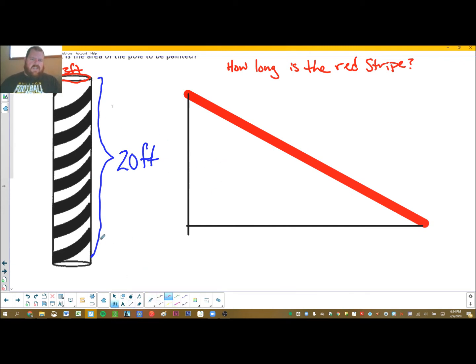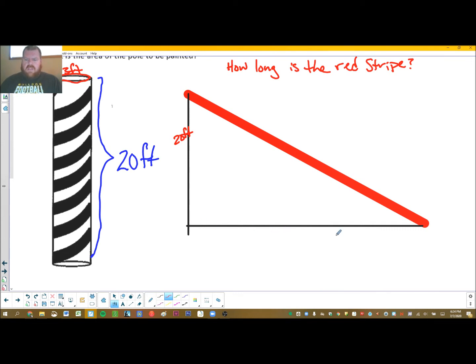Well, the vertical distance that it travels, it goes from the ground, or 0, to 20 feet. So it covers 20 feet. How far does it travel going horizontally as it winds around this pole? Well, it goes around the pole 7 times with a 3-foot circumference.